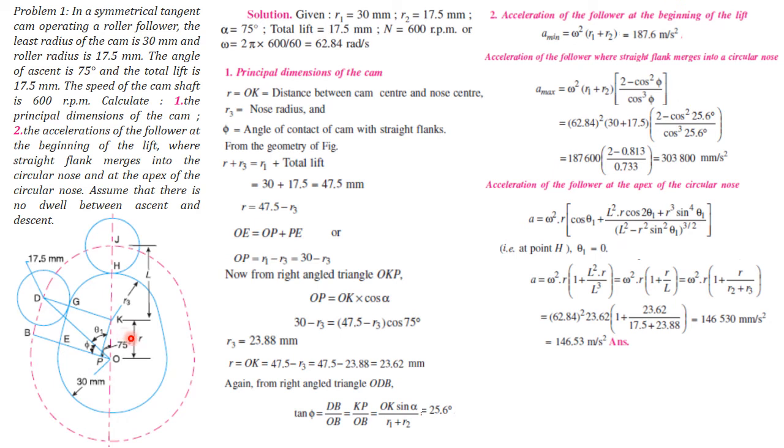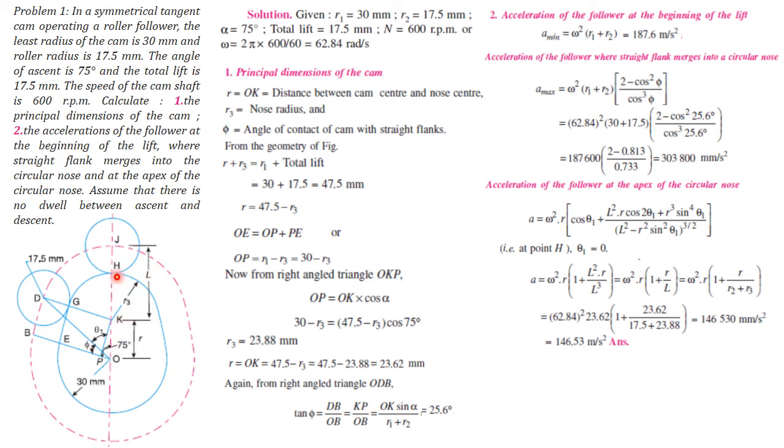So we can say that R plus R3, this total distance, is equal to R1, that is the base circle radius, plus the total lift. So the total lift plus the base circle radius should be equal to OH.